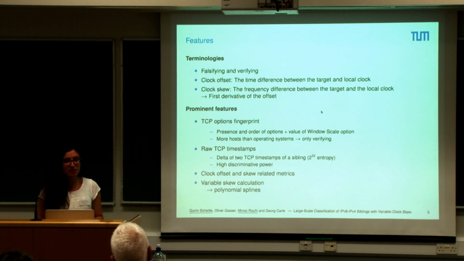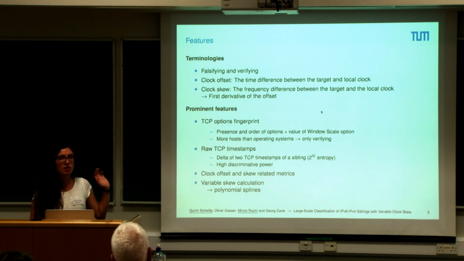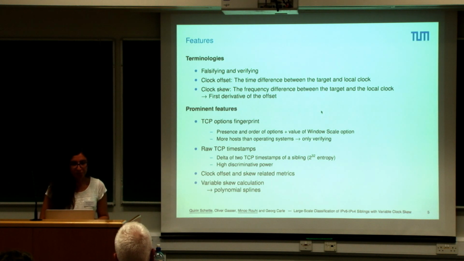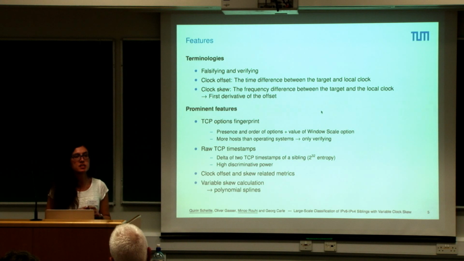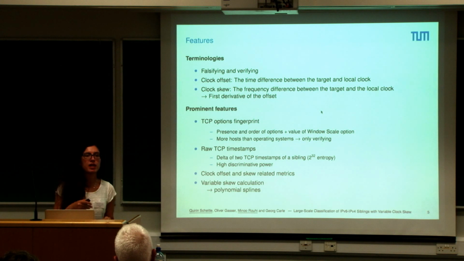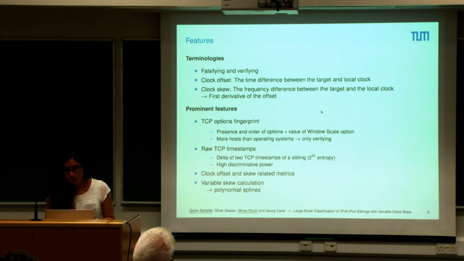So here's the terminology. I have listed some important features. There are many more details to the feature part and many more features that I could explain, but for the sake of brevity, I have listed these ones. The first one is the TCP options fingerprints. What we check here is the presence and order of TCP options, and if there is a window scale option, then we also take the value for IPv6 and IPv4. This would be the first filtering point for comparison of siblings.